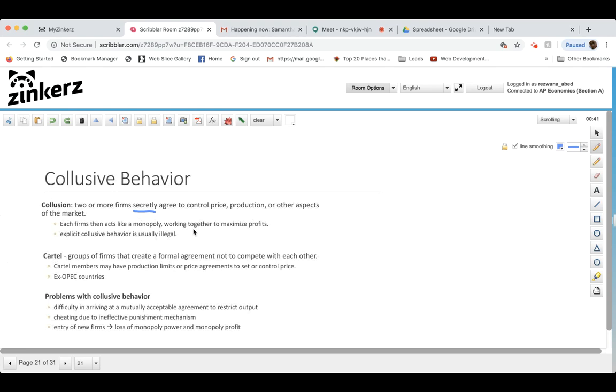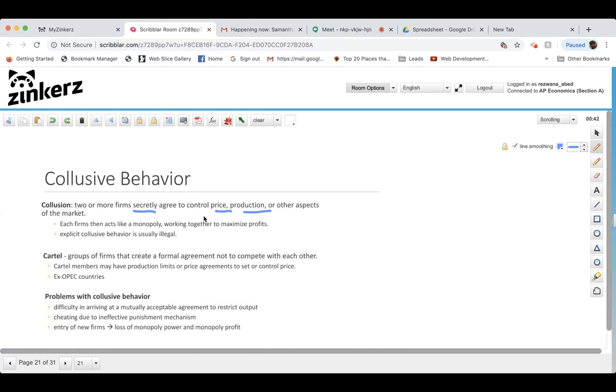So this is collusion, where two or more firms secretly agree to control price, production, or other aspects of the market. With collusion, they remain legally independent and autonomous. So it seems that they're independent of each other and not colluding, but secretly, on the inside, they're benefiting from cooperation.